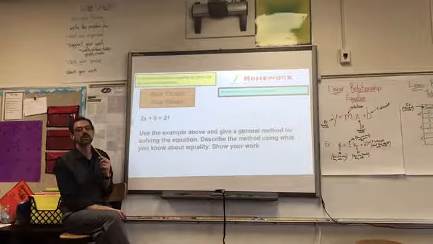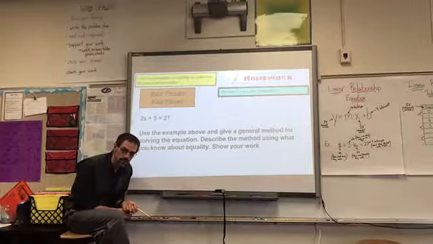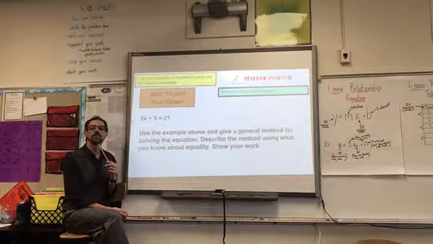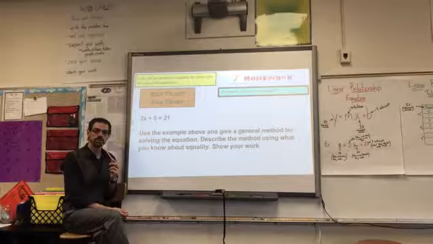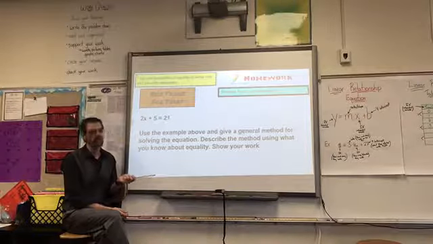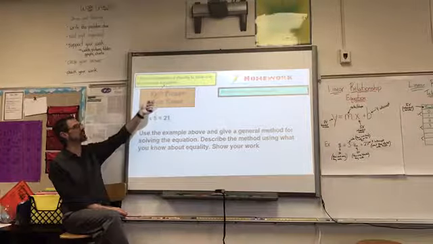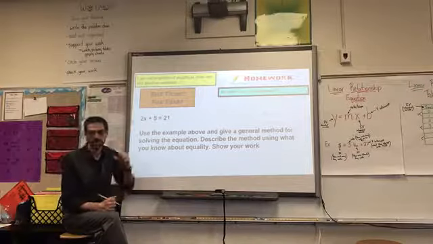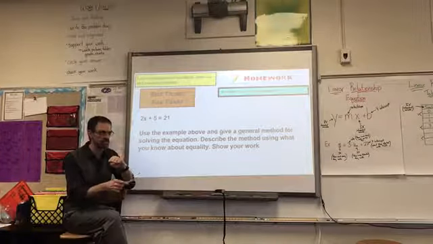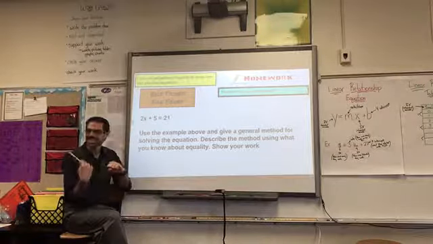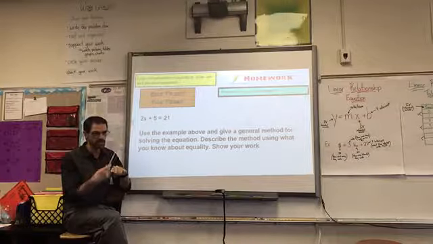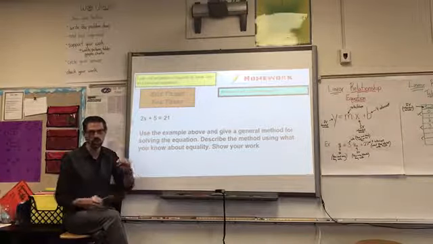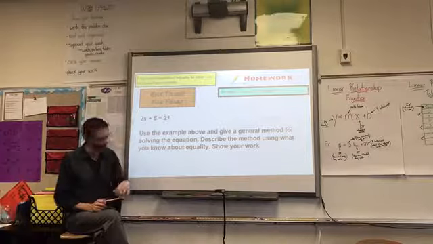We talked about equality today, and using equality to solve coin and pouch problems. It's the whole idea of what I do to one side, I do to the other. That concept is what algebra is all about, that balance and using the equality.